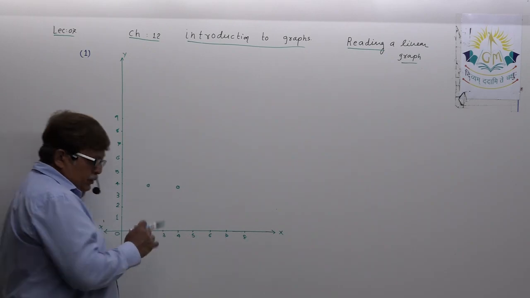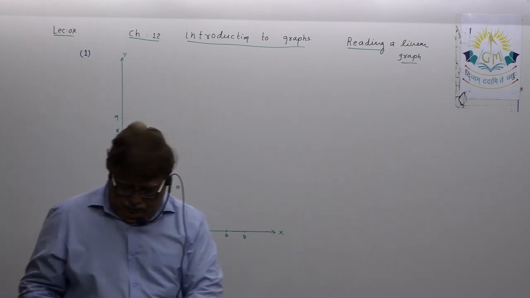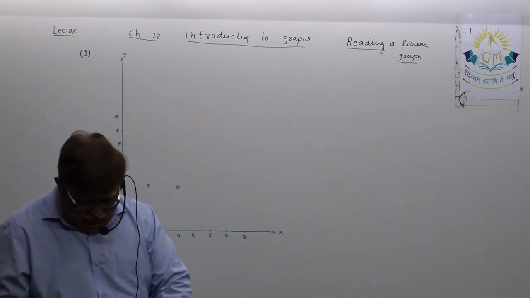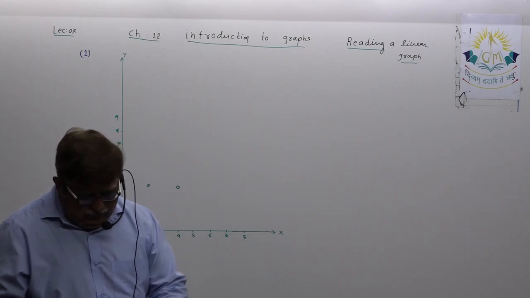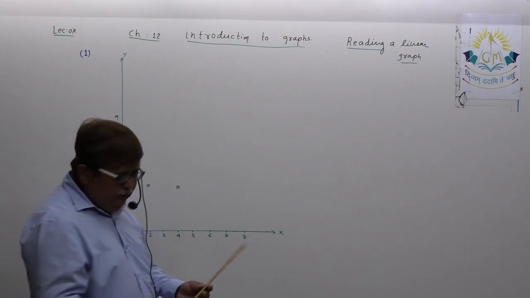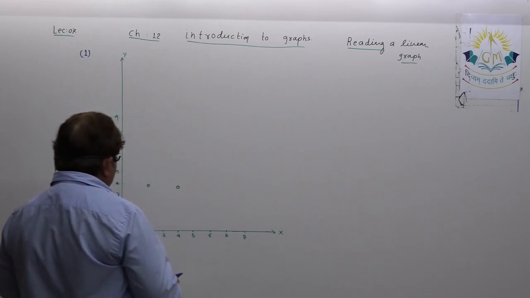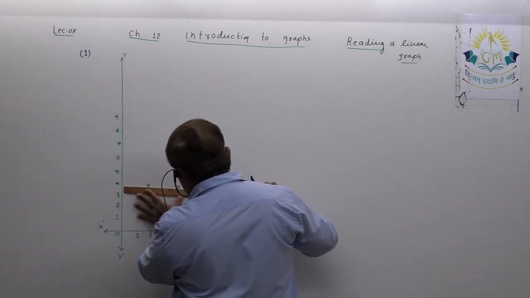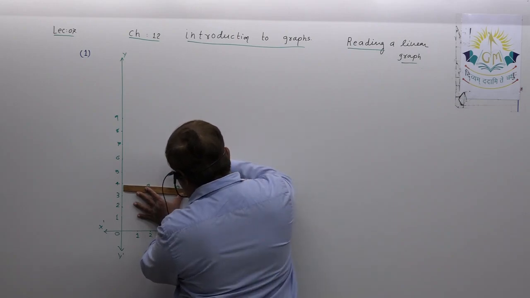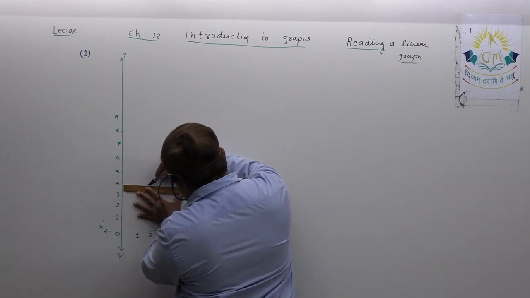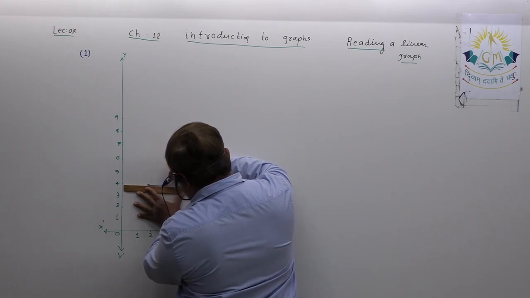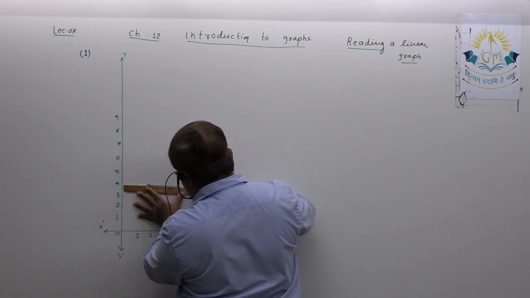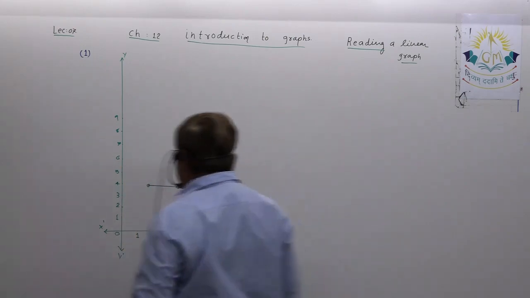Understood. And now let us draw the graph which has already been given. Okay. First, they have joined both these points. Please join them. First, do this.